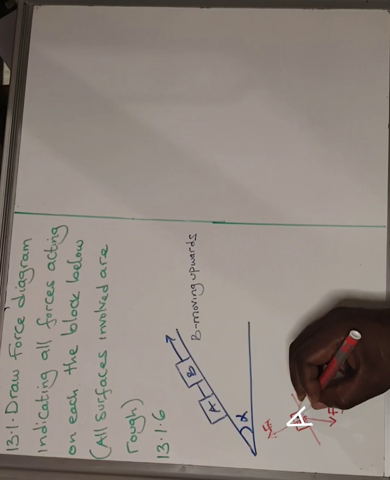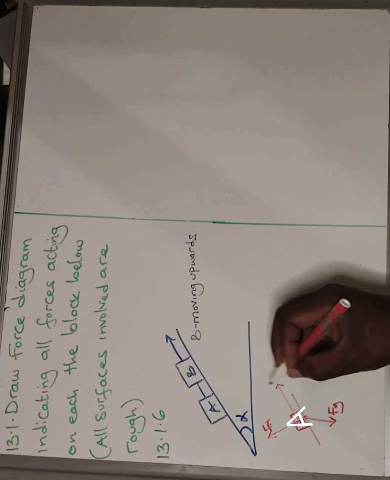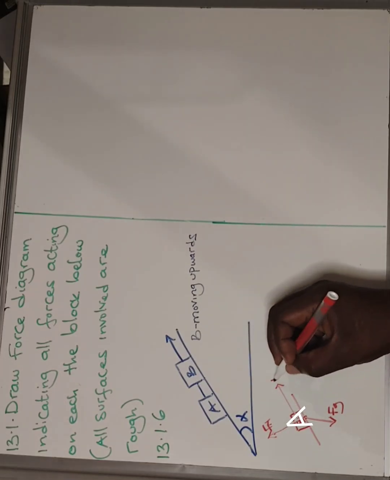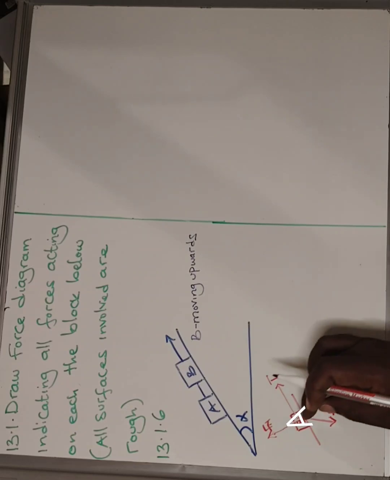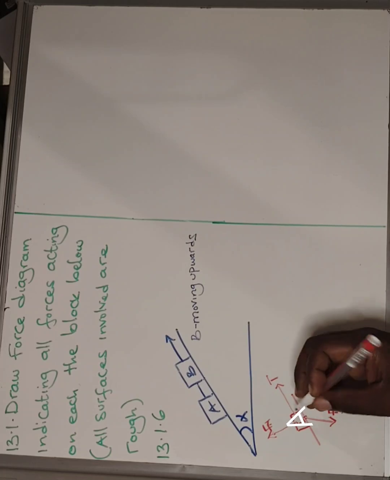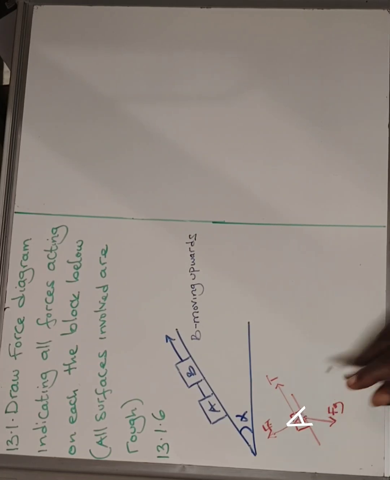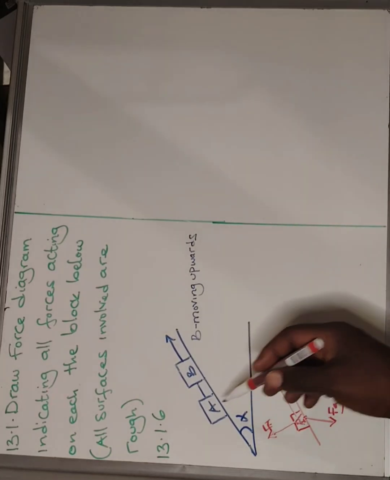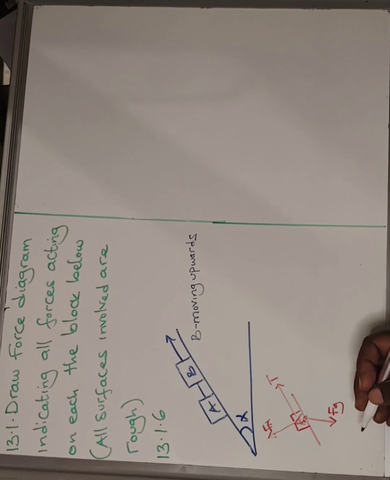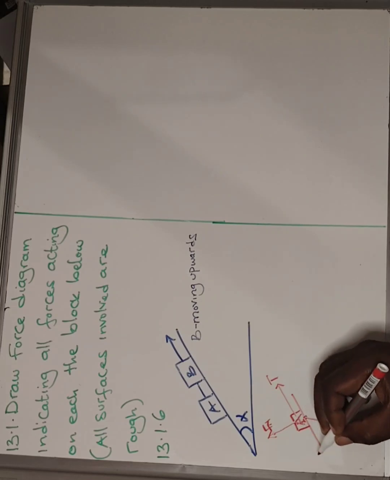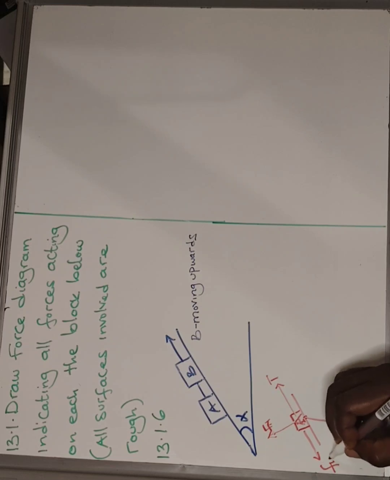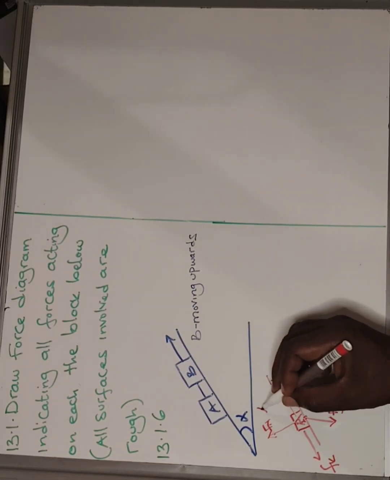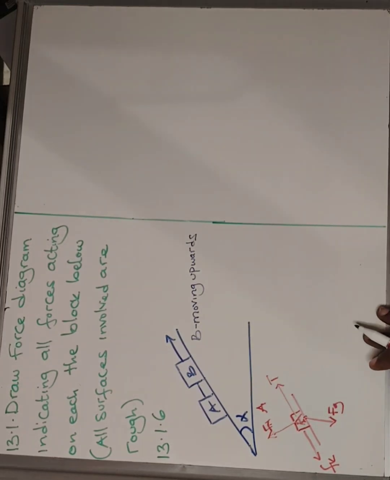There is the string, which comes with tension. The surface is rough, so there is Fk there. So what you have here is the free body diagram of A.